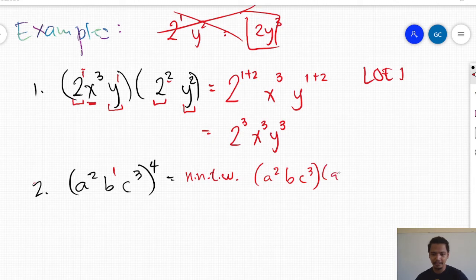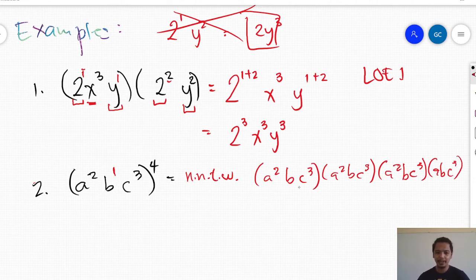Multiply lang natin sa sarili niya ng 4 na beses. Okay. Kaya ako sinasabing no need to write kasi meron nga tayong shortcut. Okay. So, ayan. Kung makikita nyo, magiging katulad lang din siya nung una nating example dito kanina.